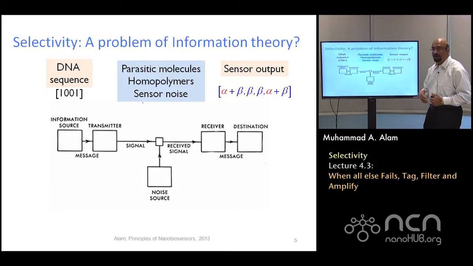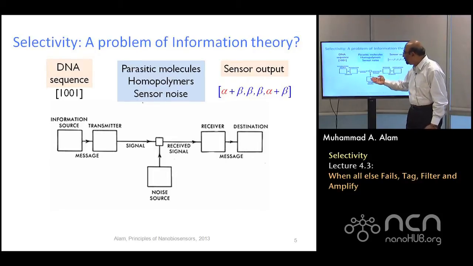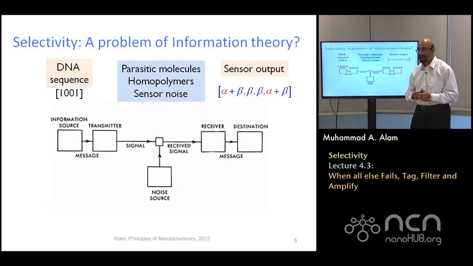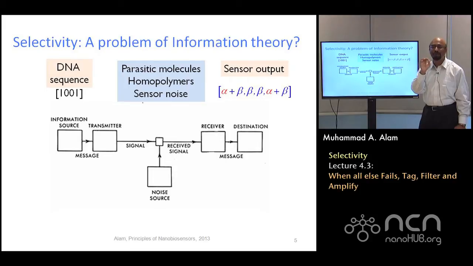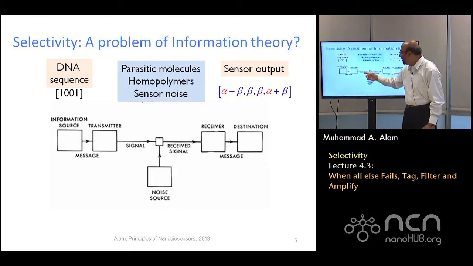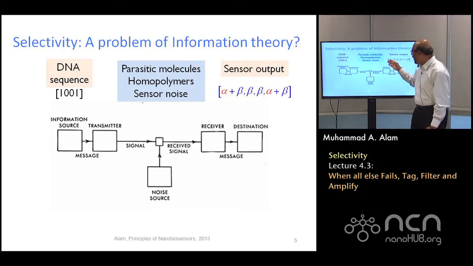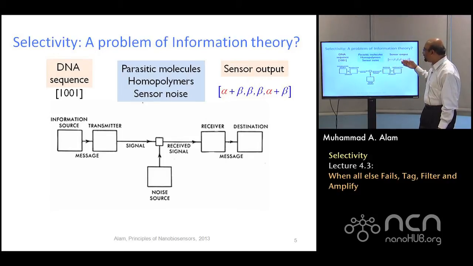So somehow, all the theories that we have from information theory about how to reduce noise and how to enhance signal will come in handy. So how do you enhance signal? Well, one way is to send the same message over and over again, right? Having more repetition, and that way, after averaging many times, you will get a better signal to noise ratio.